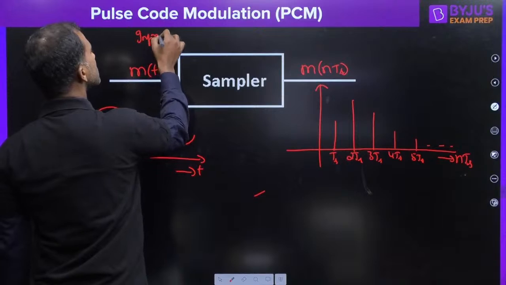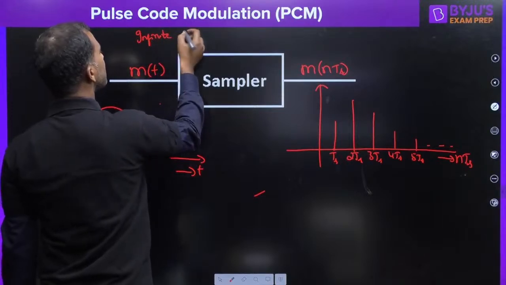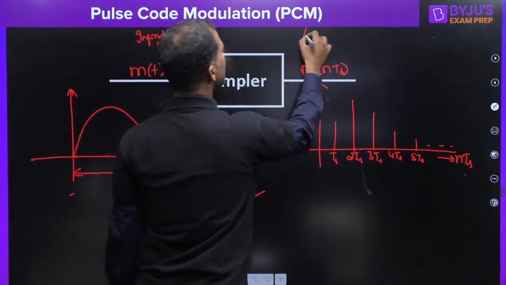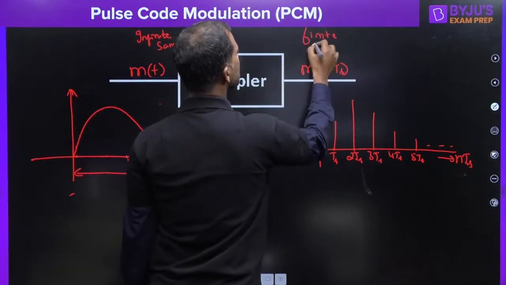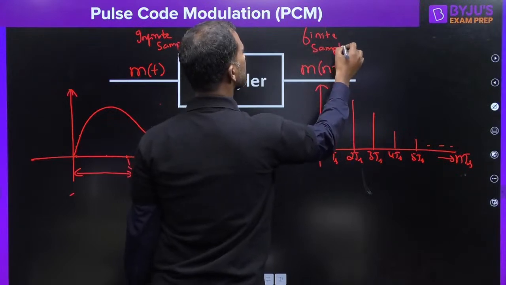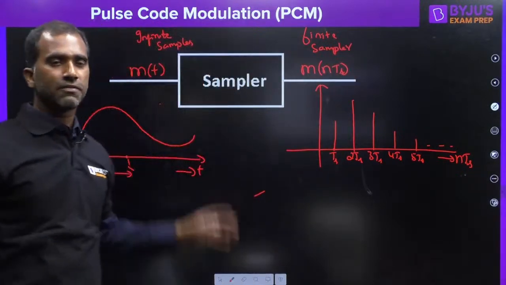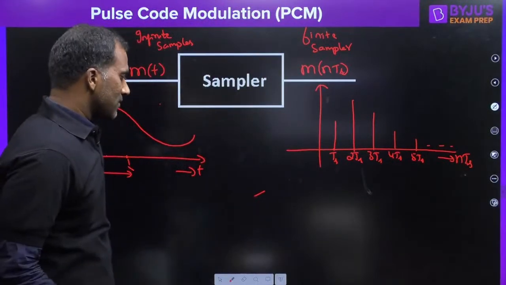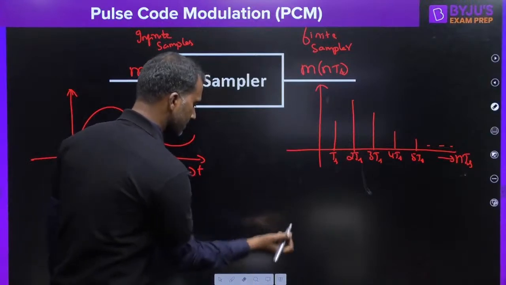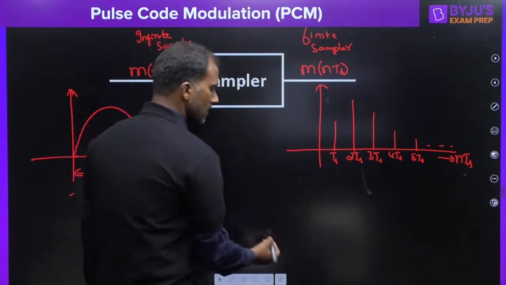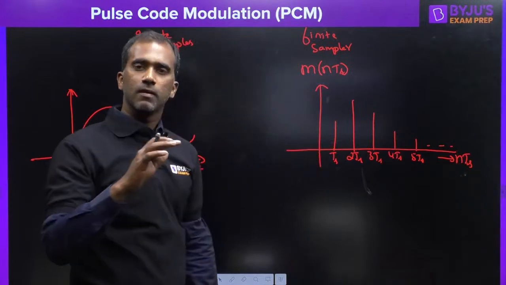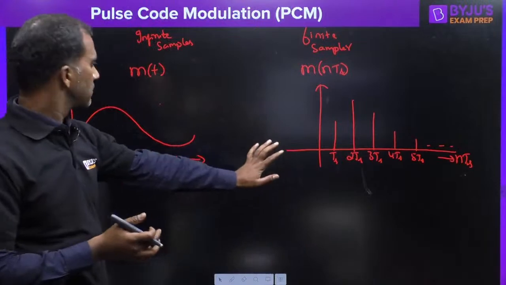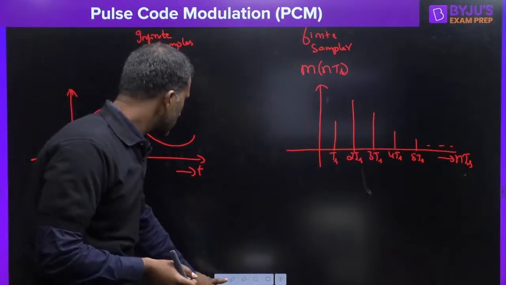It is converting infinite samples at infinite time instants to finite samples at finite time instants. The job of a sampler is to convert infinite samples to finite samples. So we have understood why we are doing sampling and what is meant by sampling. That is what we have understood till now.